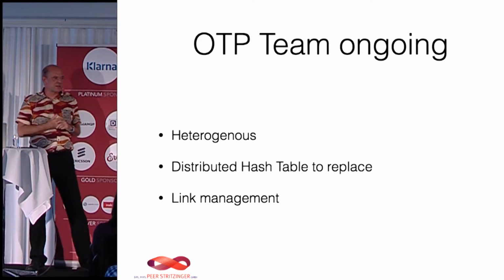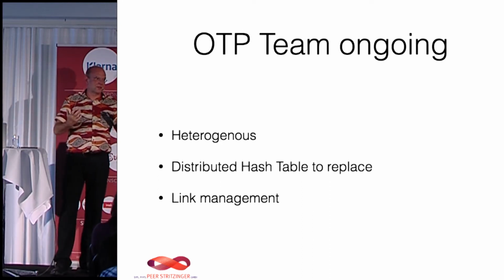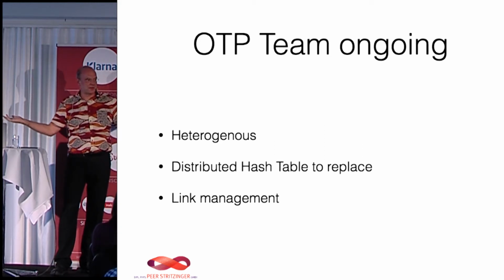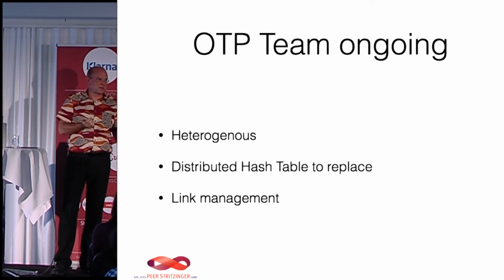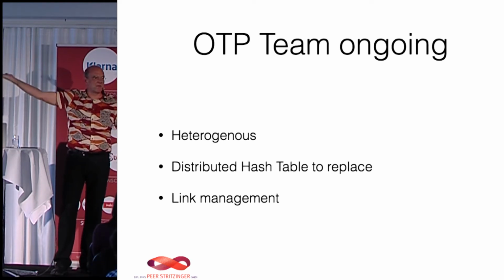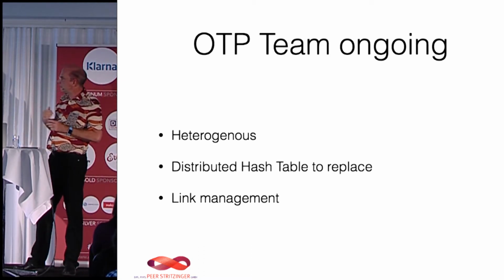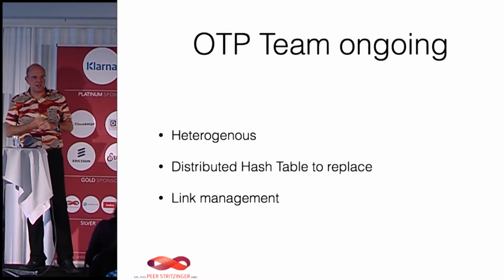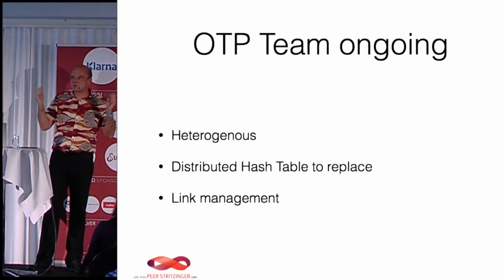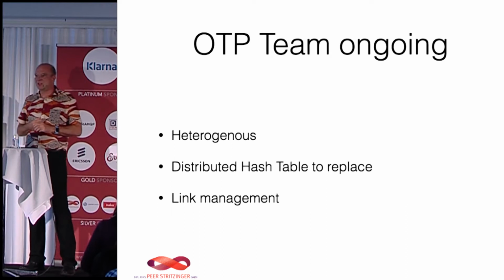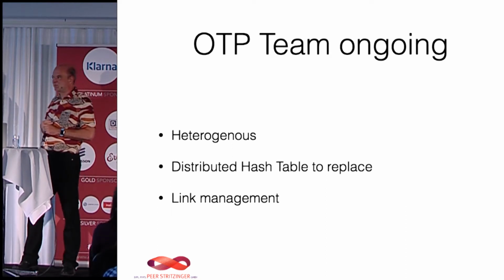So global registry is basically a registry, global meaning global between all the nodes in a network, where you can register a process with a name or with some metadata, and then you can send a message, or you get the process ID for this process that can be somewhere else on the network, on a different node. So I heard they're working on a distributed hash table. Please correct me if I say anything about what the OTP team does, because I'm just hearing from the outside.